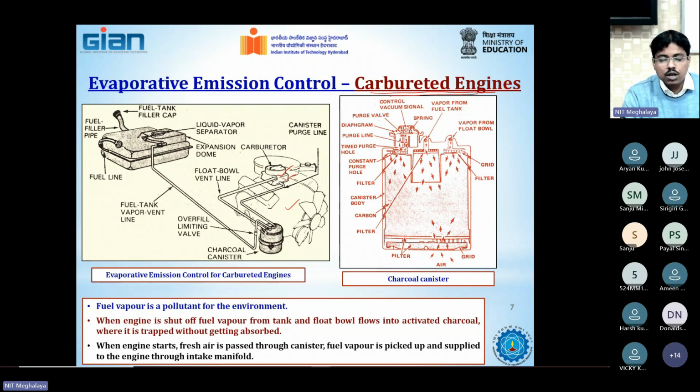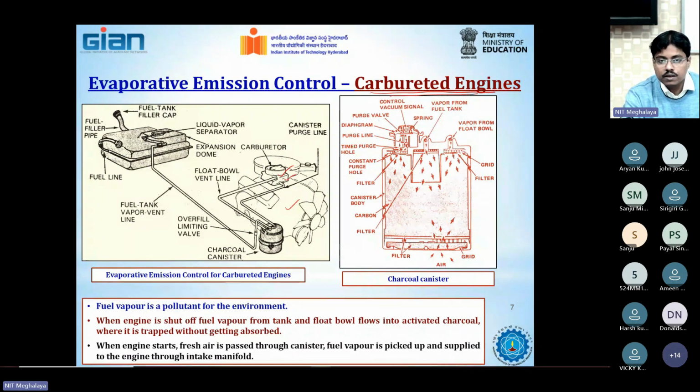First thing is that it is a loss for you, because fuel vapor goes directly to the atmosphere. If you open the fuel tank for refueling, or if there is any leakage, or any passage from the container to the atmosphere, then the vapors will pass. So it's a loss for you.